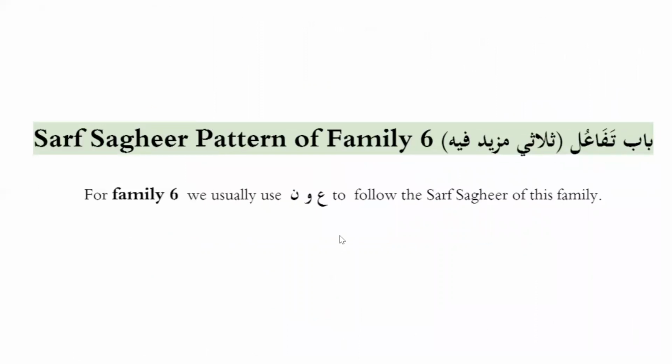In this family, for every family, we usually go with one three-letter root word. For this family, we usually use Ain, Wow, and Noon. This is the three-letter root word, and we usually follow the Sarf Sagir with this word. So this is the first line.